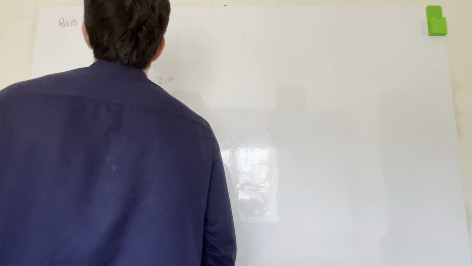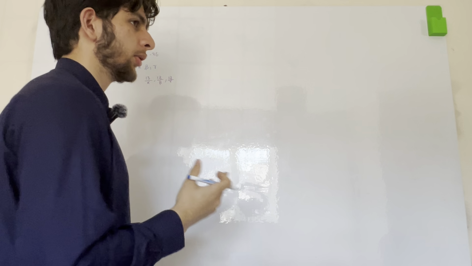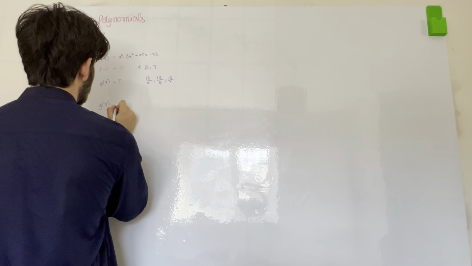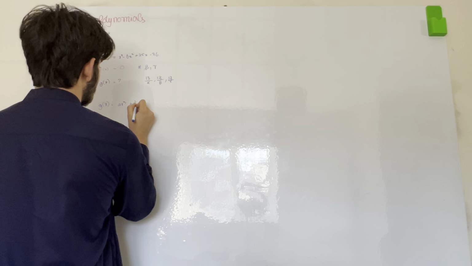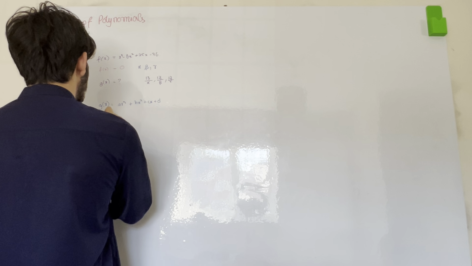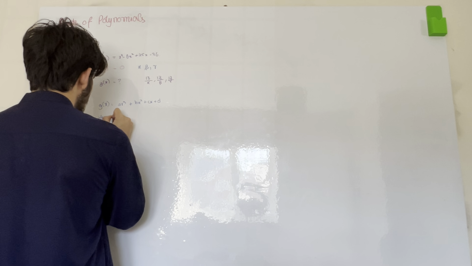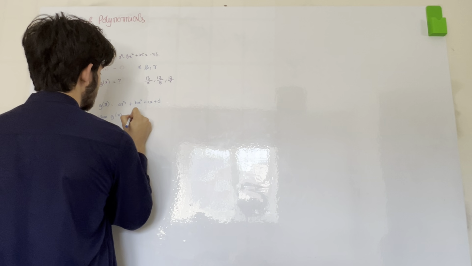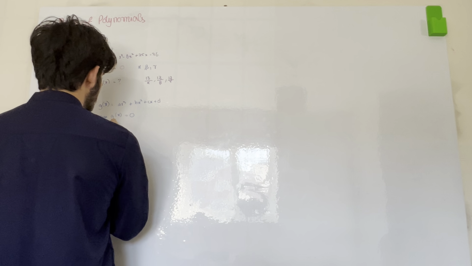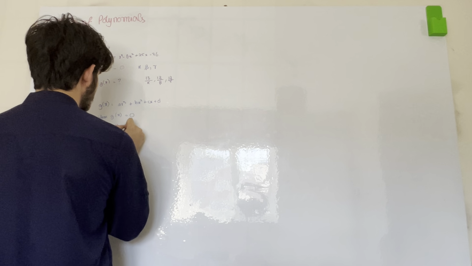Now, g of x, now that we learned what a general sort of cubic looks like, will just be equal to ax cubed plus bx squared plus cx plus d. And we're trying to find the roots of the equation, or rather we already know the roots of the equation and we're trying to find the coefficients. So when g of x equals 0, the roots of the equation are 13 over alpha, 13 over beta, and 13 over gamma.